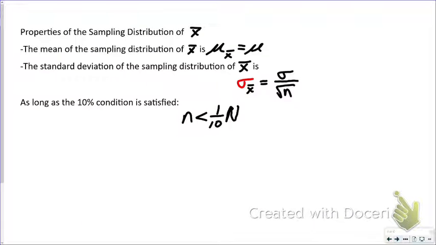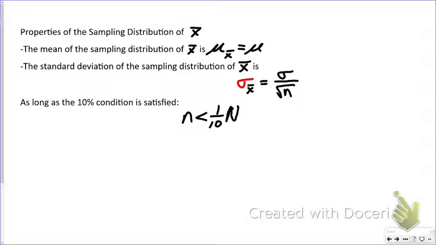Lastly, that 10% rule has to be true, just like it did in proportions. This is referring to very finite populations. So capital N is the population size, lowercase n is the sample. If I'm talking about all males that exist, or all U.S. adults, or all females, or all trucks, and I do a measurement, that population is gigantic. We're not going to be able to take a tenth of that population for a sample.